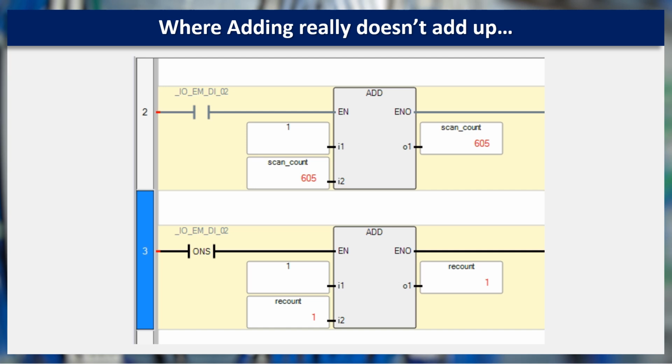On rung 3, the same identical input was used and it was flagged, but look at the result. I clicked it once, the same identical time as the other instruction, and yet it only put in 1.